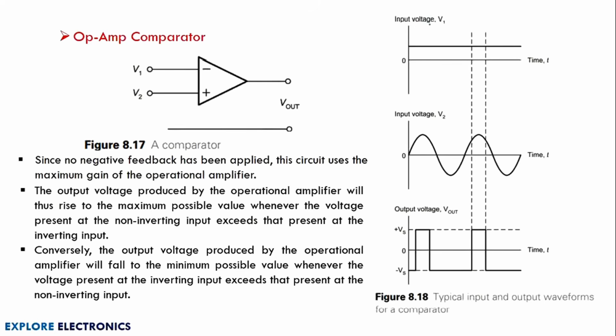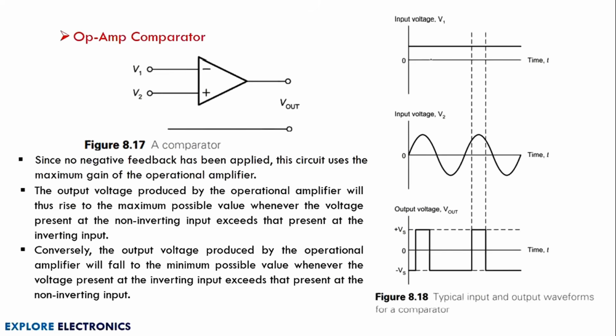This is input voltage V1, which is a constant value. So let us take this as a constant DC voltage of 5 volts. And here is V2, which is a varying one we are giving just for the comparison of these two. We are going to get the output at the maximum value when V2 is higher than V1.